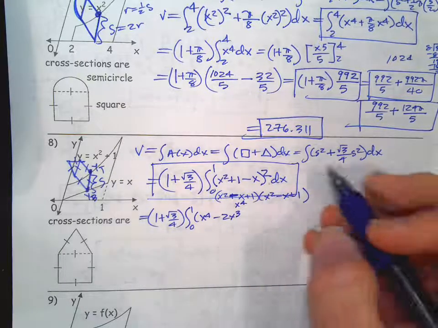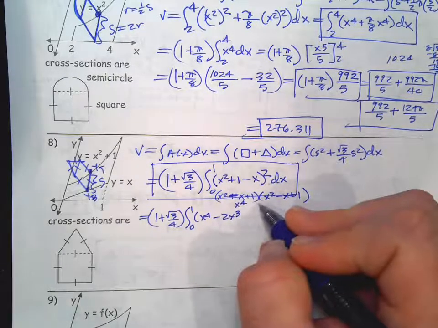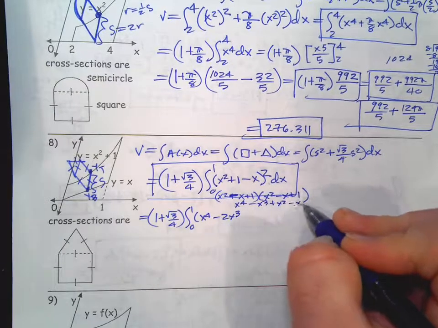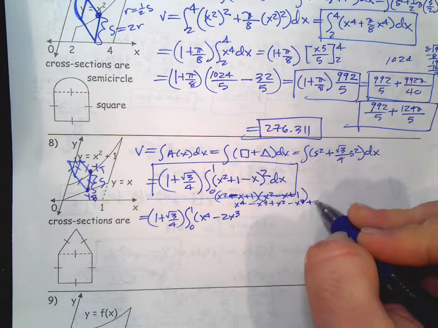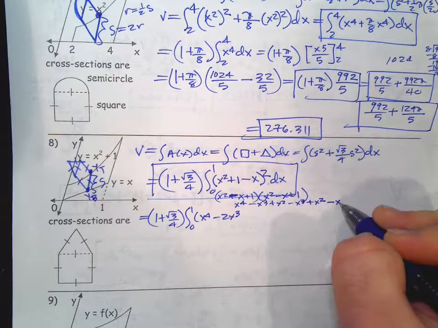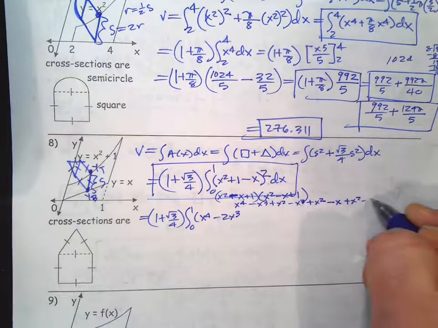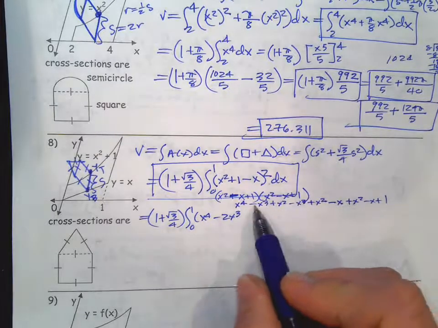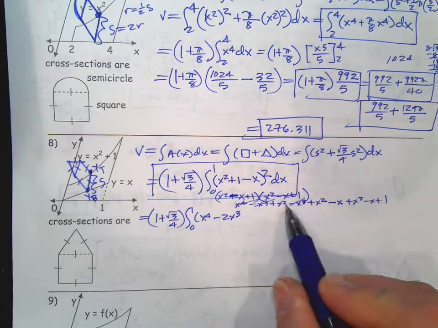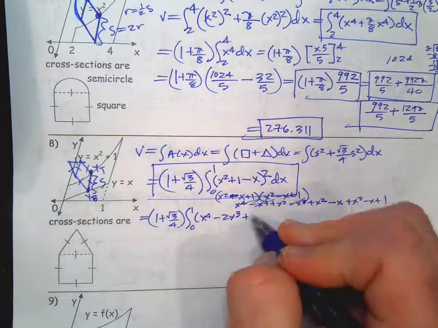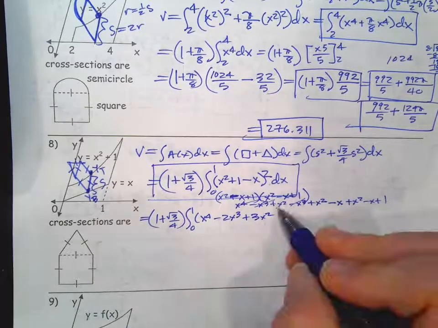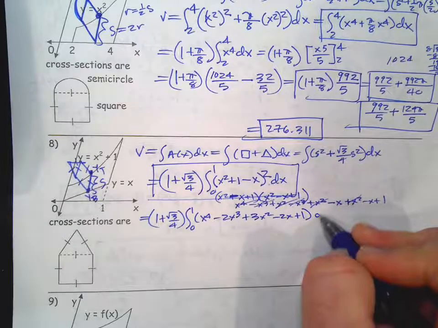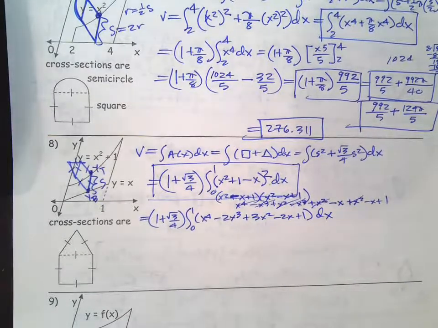All right, this is too hard to do in my head. Forget it. Minus x cubed plus x squared, minus x cubed plus x squared, minus x plus x squared, minus x plus 1. So we have x to the fourth minus 2x cubed plus 3x squared minus 2x plus 1.